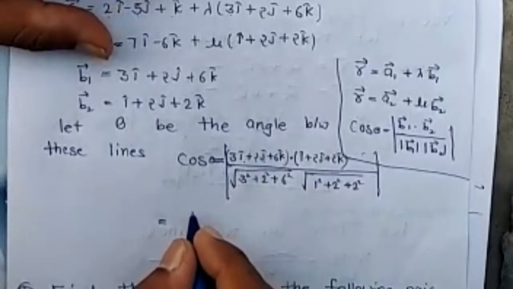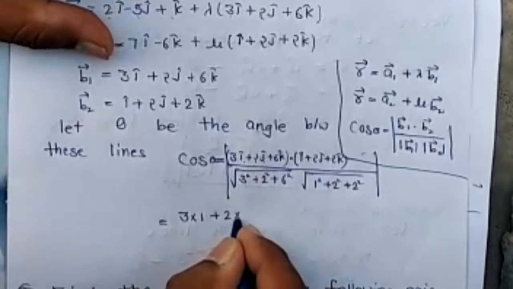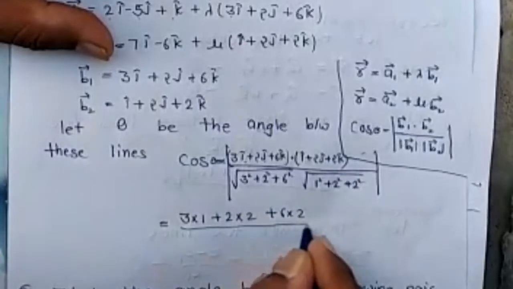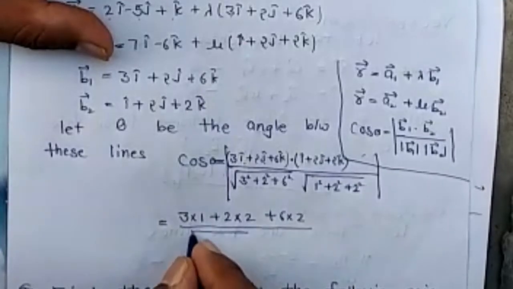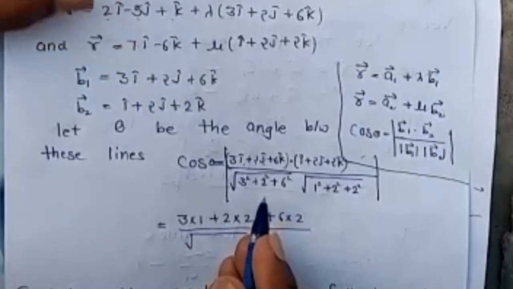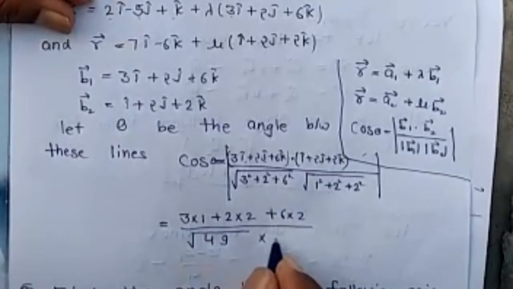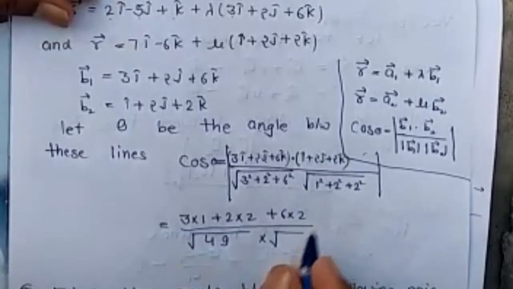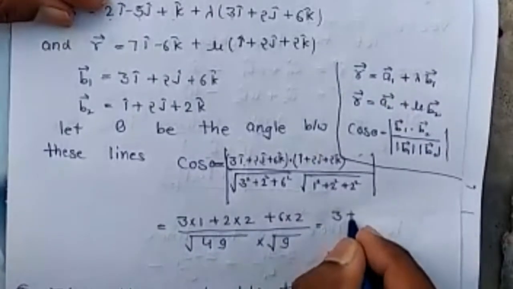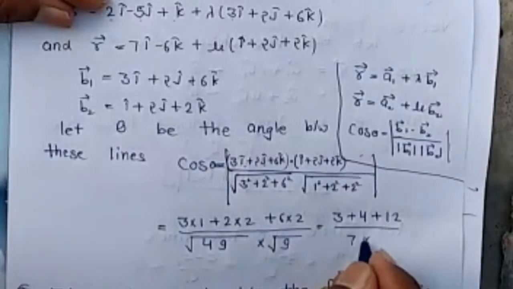Means we get 3 into 1, 2 into 2, 6 into 2 upon square root 36 plus 4, 40, it is 49, into square root 9. Then we get 3 plus 4 plus 12 upon 7 into 3.